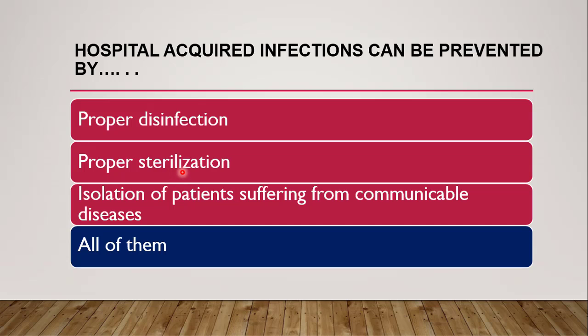By proper sterilization of the instruments being used, proper disinfection methods like disinfecting utensils and articles, safety care of hospital staff, and routine prophylactic disinfection measures. As well as if we isolate communicable disease patients, there are chances of reduction of hospital acquired infection and we can prevent them. So the correct answer is, it is all of them.